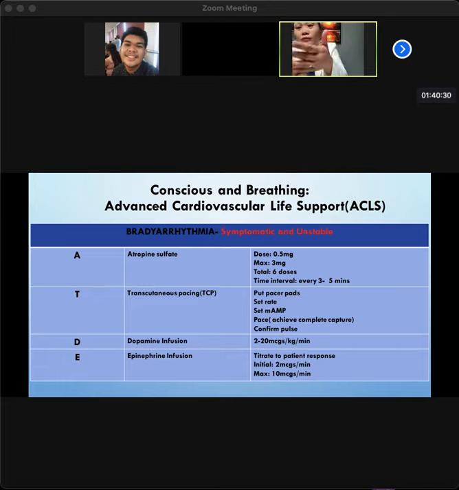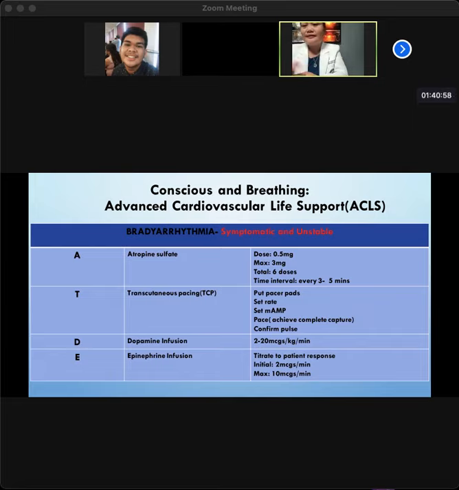Isa-isa lang, huwag mong pagsasabayin yan, ha? Okay? Una, atropine. Yan yung ideal drug for your Brady arrhythmia. Pag hindi effective, then go to your dopamine. Pag hindi pa rin effective, shift to epinephrine. Pag hindi pa rin effective, go to transcutaneous pacing. Unless second degree type 2 ka and third degree ka, pumunta ka na kaagad sa transcutaneous pacing.